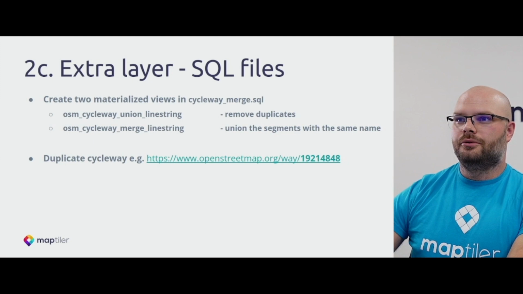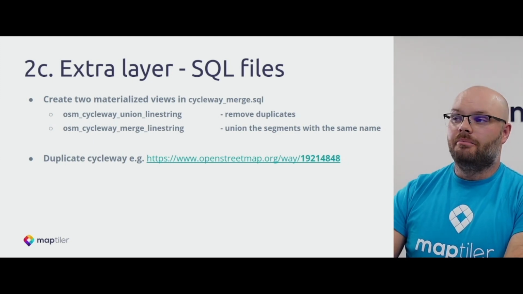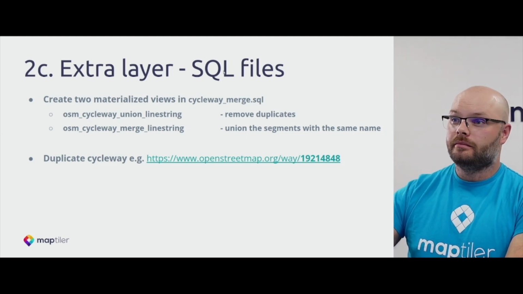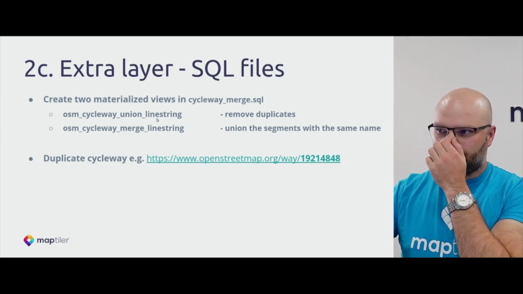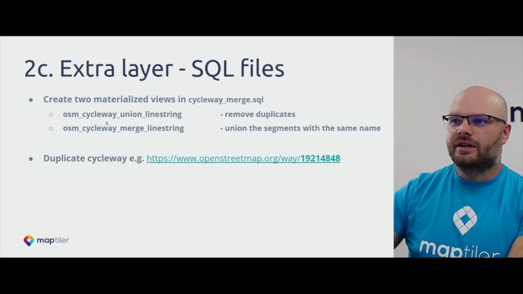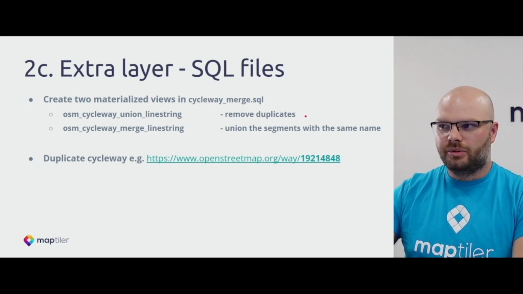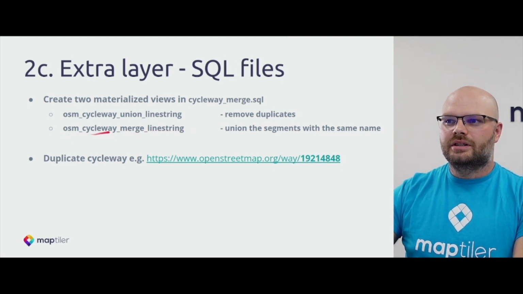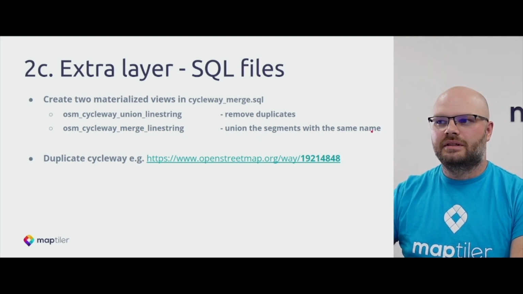If I go back to the two extra files, in this Cycleway merge SQL file we will create two materialized views, one with the name osm_cycleway_union_linestring, which will remove duplicates, and osm_cycleway_merge_linestring, which unions the segments with the same name and with the same surface.